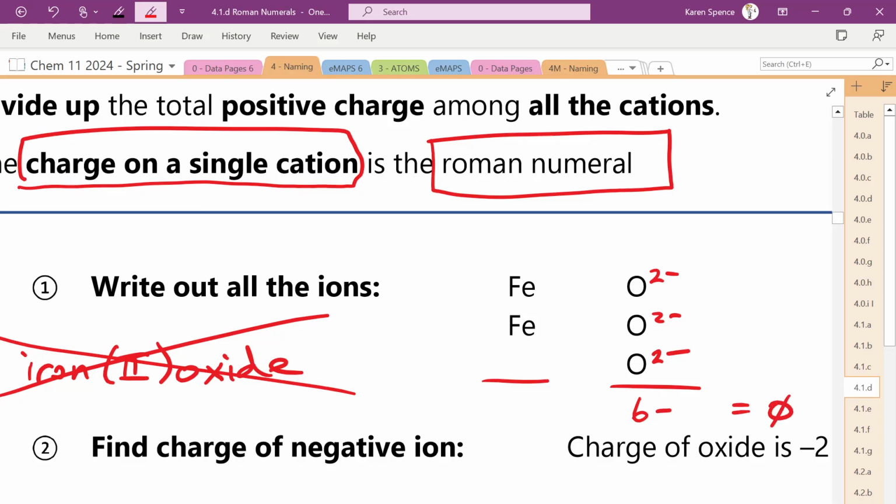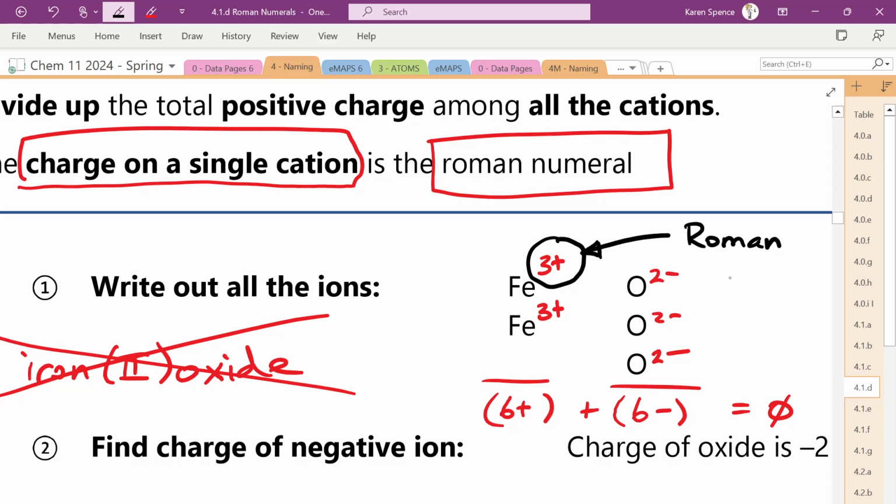Compounds should equal 0. So if we have a 6 minus charge, what does our positive charge have to be? 6 positive. And if we have 6 positive, what is the charge on each individual iron? 3. And that is the Roman numeral. Not the 6, the charge on a single iron.